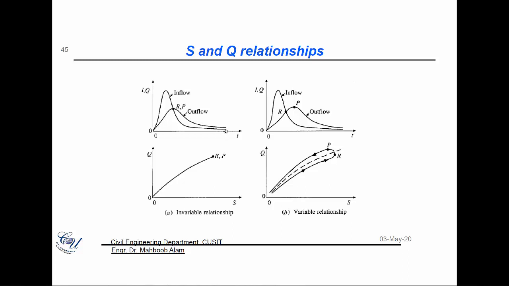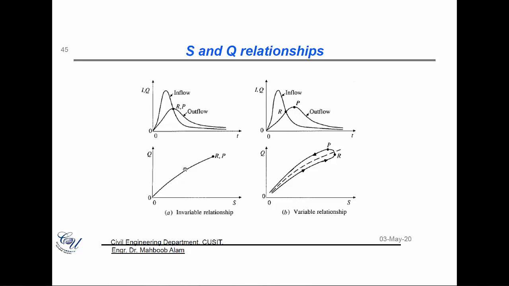We call it invariable relationship because no matter where we move in on this graph, for a particular storage, there would always be a particular outflow or a discharge associated with it. In other words, the level or the surface of my reservoir is horizontal, and any change in the reservoir is bringing a change in the outflow which is consistent throughout the time period.